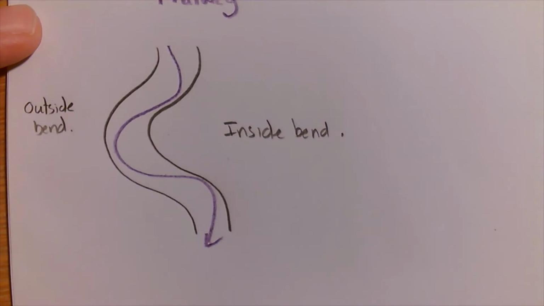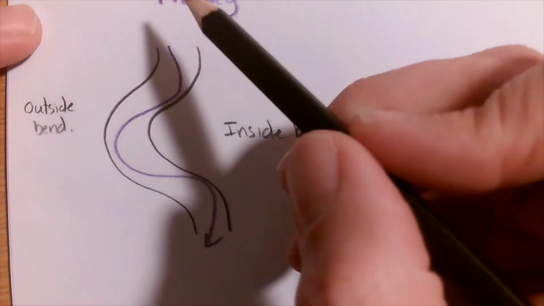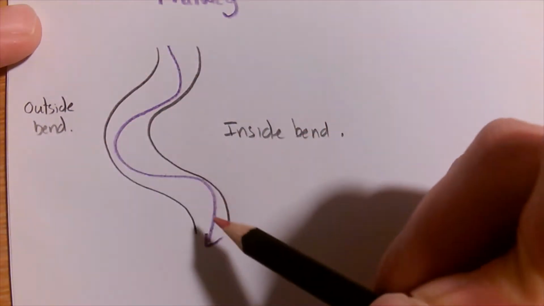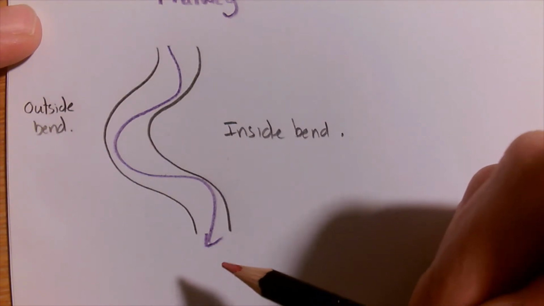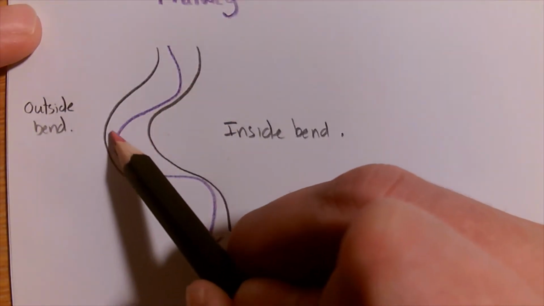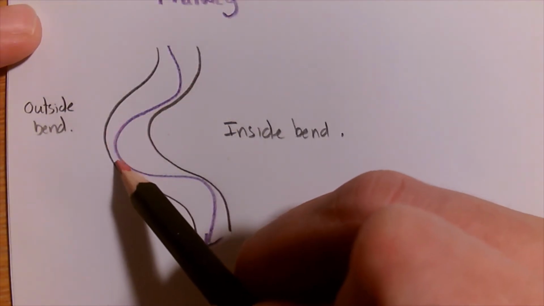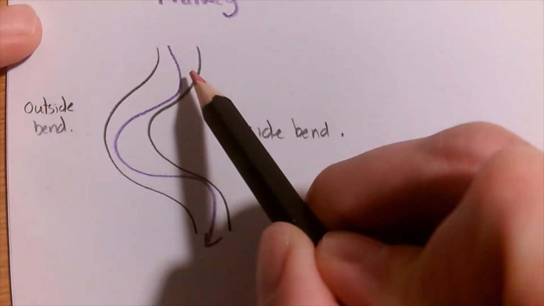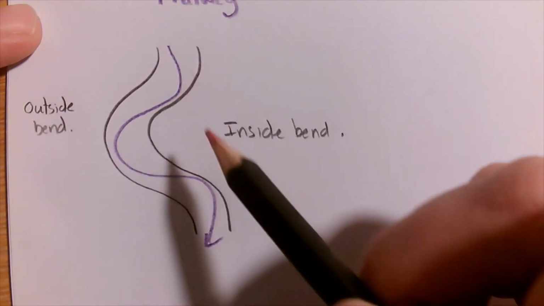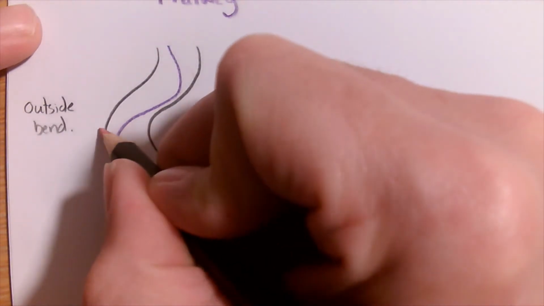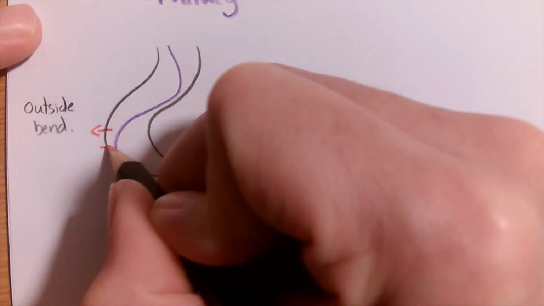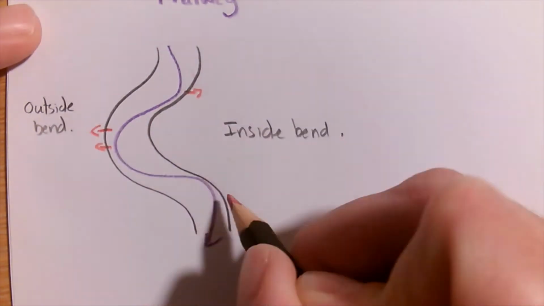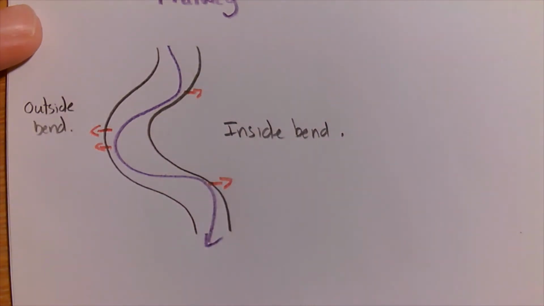Now, what's interesting to look at is the thalweg and where it is hitting the banks of the river. It is hitting the banks of the river on the outside bend of the meander. If you imagine this is another meander, this is also the outside bend here. So we are going to get erosion taking place here, and here, and here.